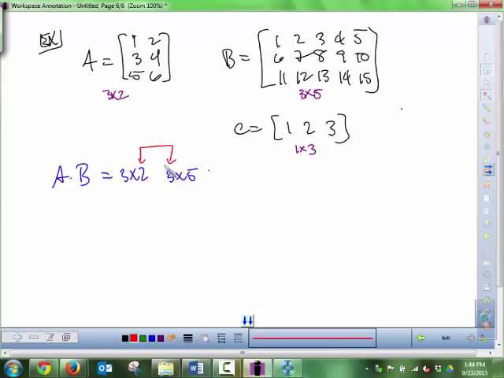If you were to try to multiply this, you would take the first row here and try to dot it with the first column here. Clearly that's not going to work because these two are different sizes. So it does not work. Can't multiply.